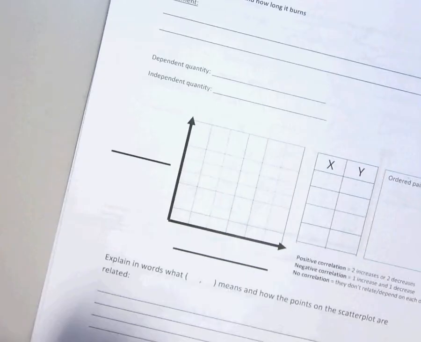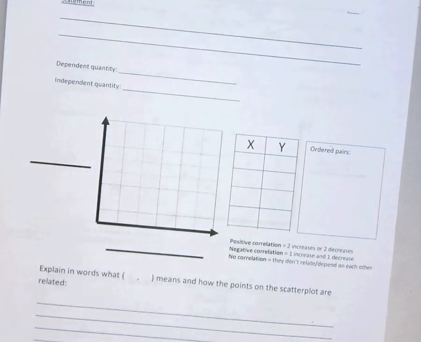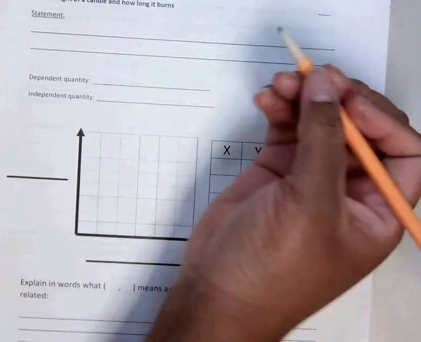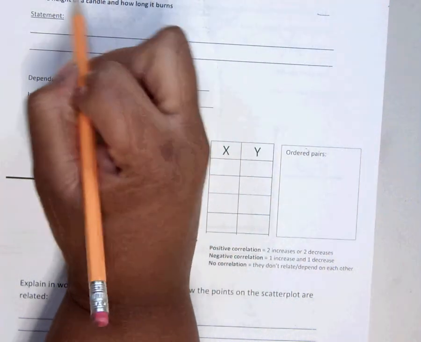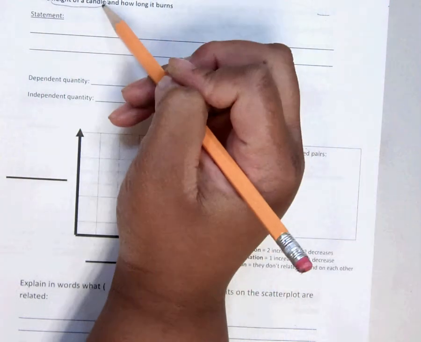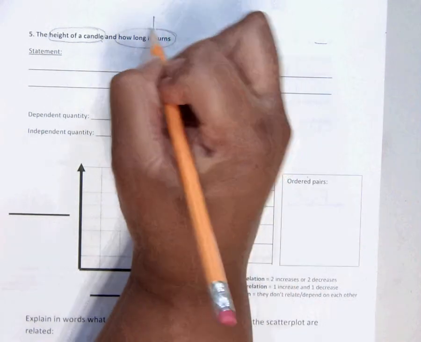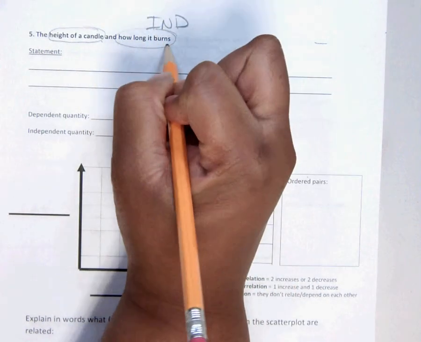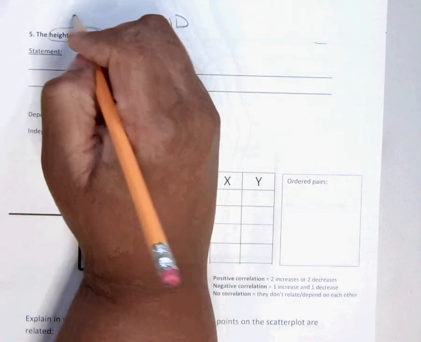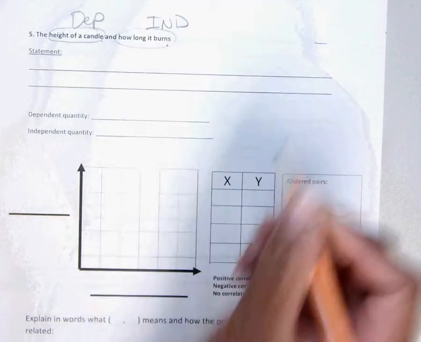Last example, number 5, the height of the candle and how long it burns. Well, I won't know the height of the candle until I know how long it burns. So that's independent. And the height of the candle is going to be dependent.